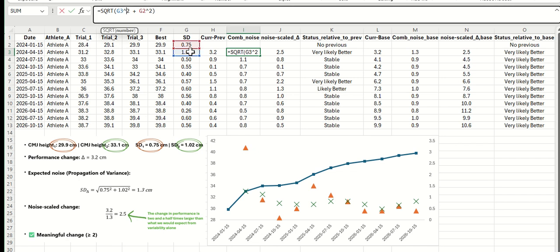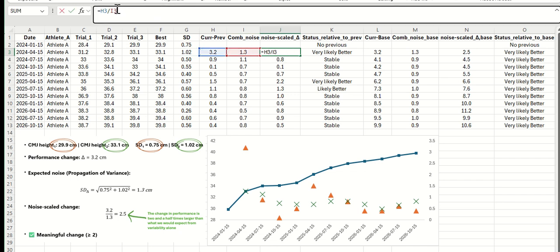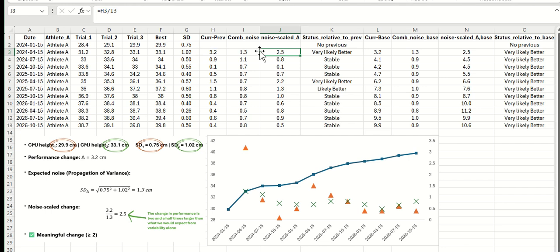So we square the standard deviation from one test, add it to the squared standard deviation from the other test. Keep that in brackets, so that happens first, and then we take the square root, and there's our 1.3 centimeters. And now we just divide the change by the noise to get our noise scale change. Again, because it's such a large change, we can be very confident that that change is indeed real.